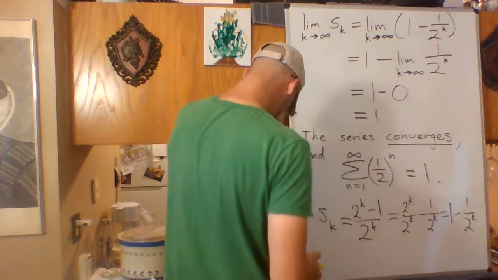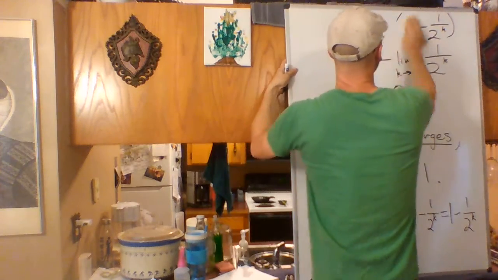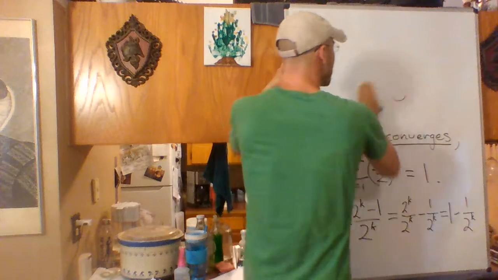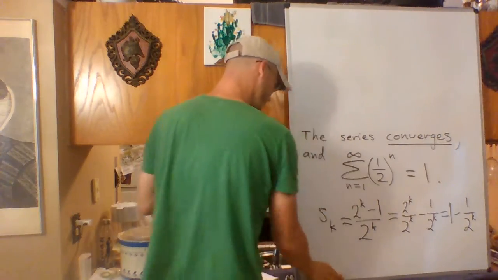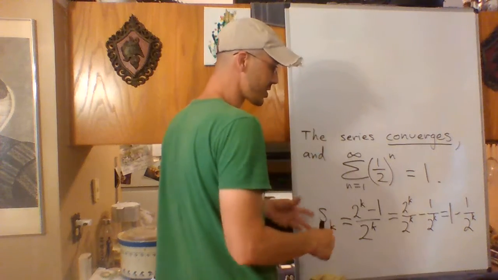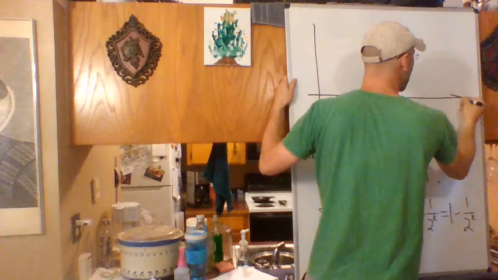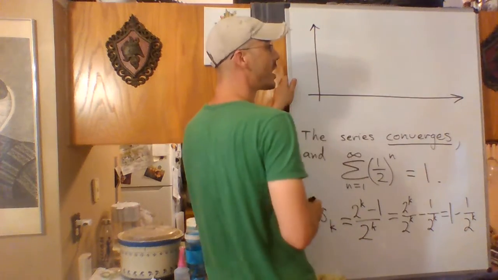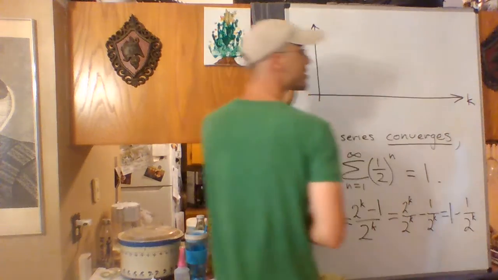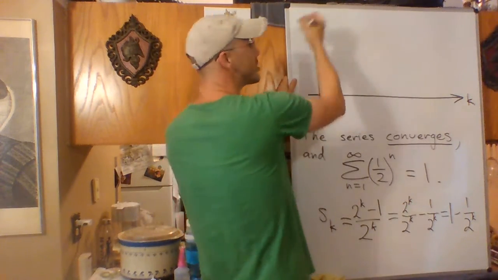I have a graph that might help a little bit to understand what these partial sums are doing. I'm going to use the same partial sums that we just saw in this sequence. The graph would be kind of like an xy plane, only here I'm going to have the k-axis and the y-axis, but I don't need another name for it.